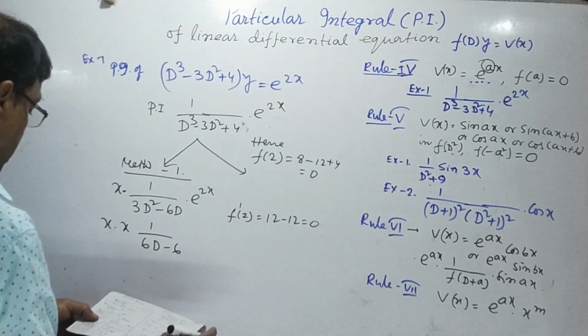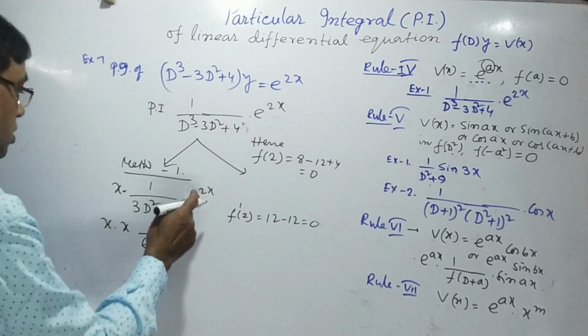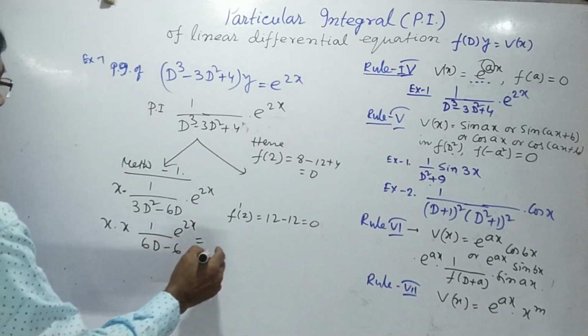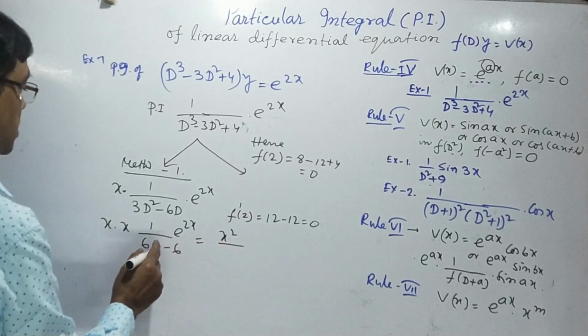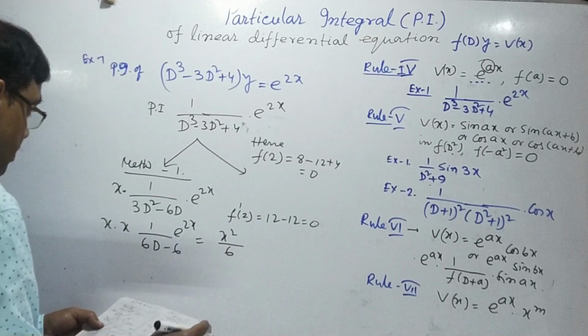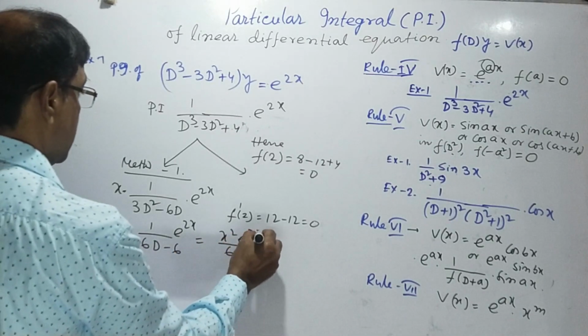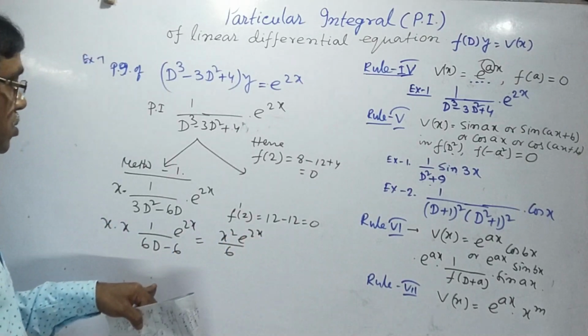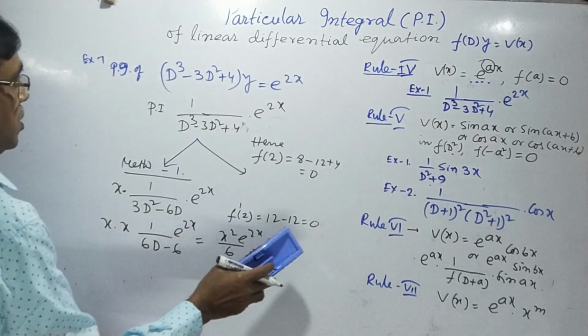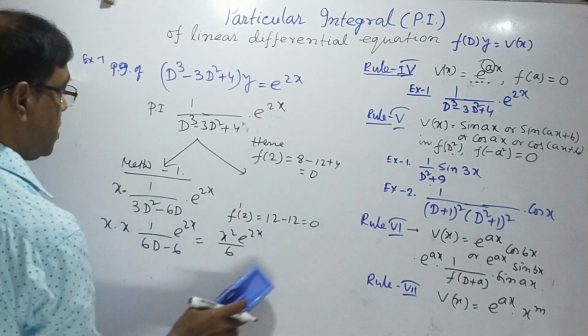Now this is not equal to 0, so we put D equal to 2: x square by 6 into 2, 12 minus 6, that is 6, x square e to the power 2x. This is the first method.